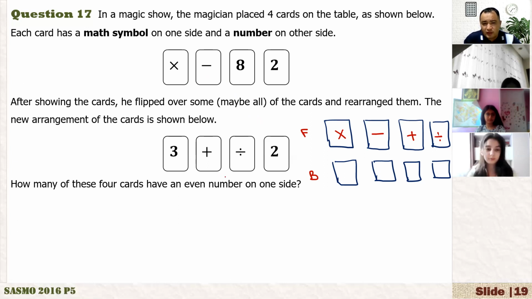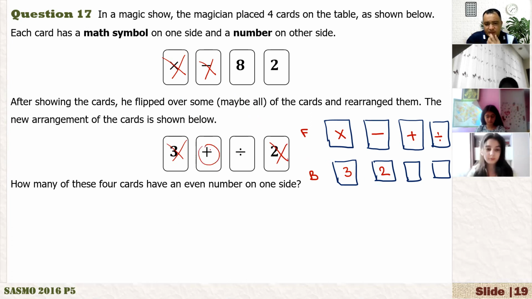In the second one, we don't have these symbols, which means that at the back of multiplication, it must be 3 or 2. It doesn't matter. Let's say it is 3. And that means that behind this minus, it must be 2, right? So this one we have already used. Behind this one, we have this 3 and 2.